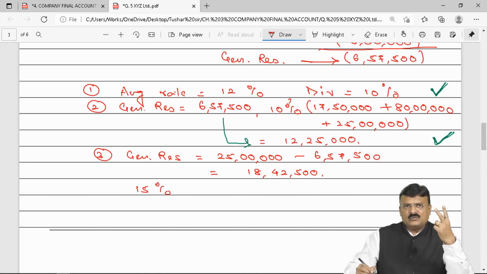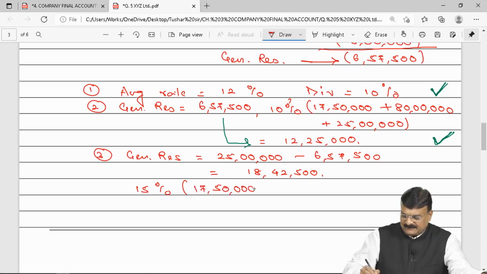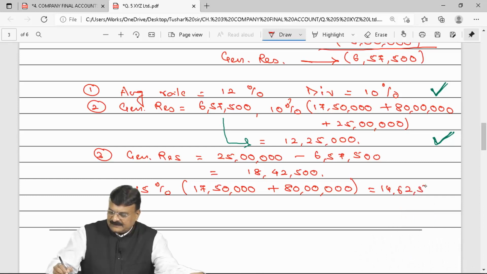See, condition number 2 is paid up capital plus free reserves. Condition 1 is only paid up capital. So make the difference very clear in your mind. There is 15% of preference capital 1750 plus 80 lakhs. So 15% of 97 lakh 50,000 will be 14 lakh 62,500. Confirm now.